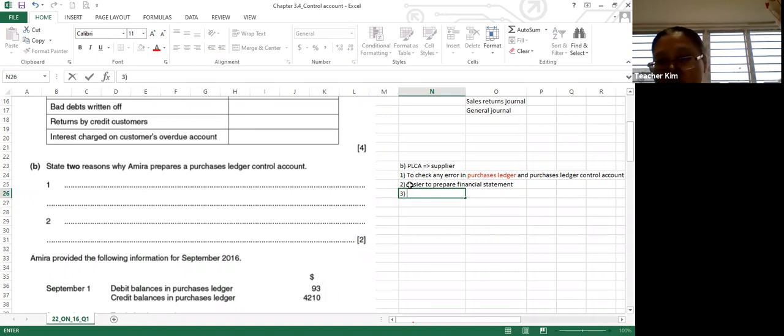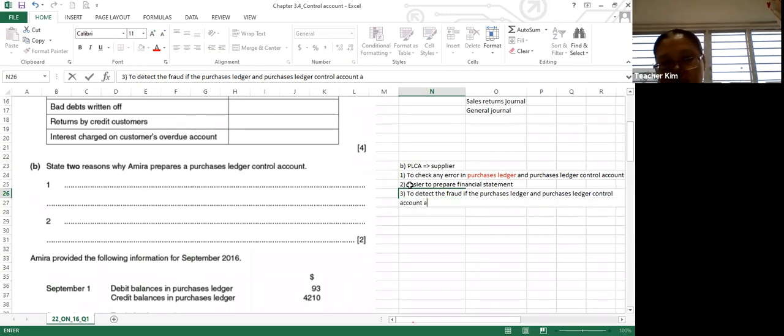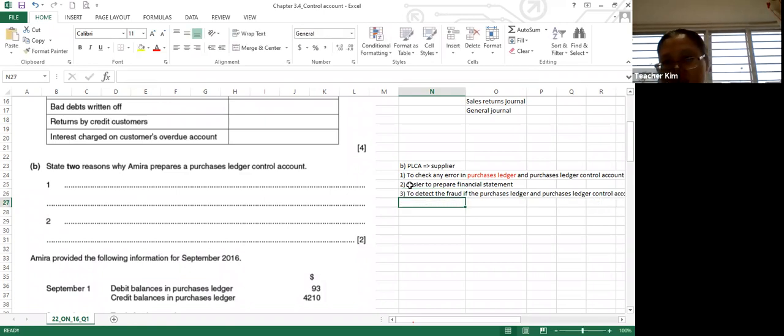Another reason is to detect fraud, if the purchases ledger and the purchases ledger control account show a difference, because two different persons prepare the accounts.